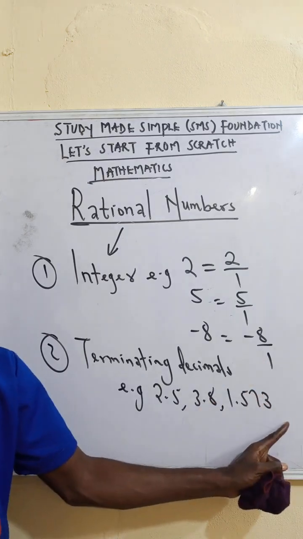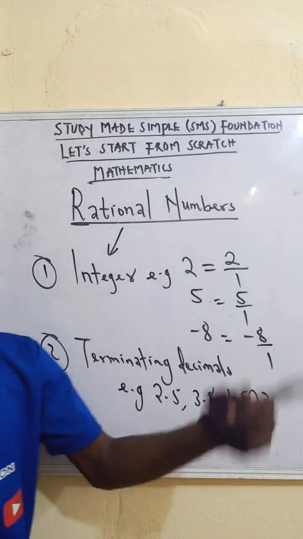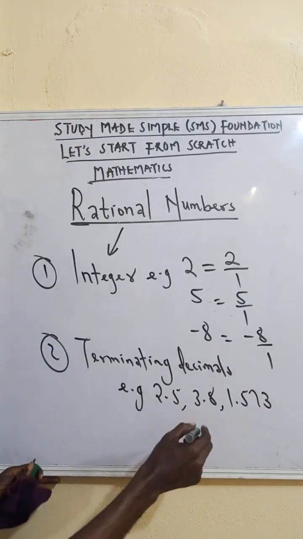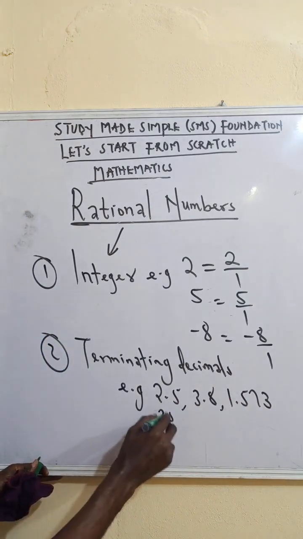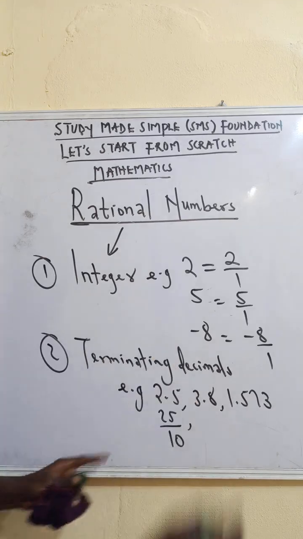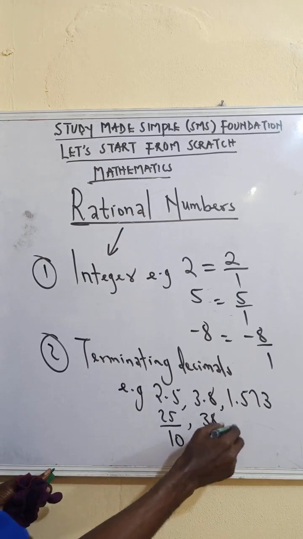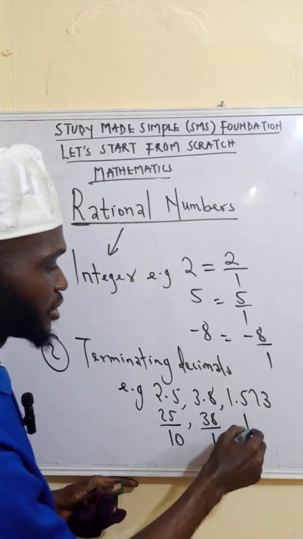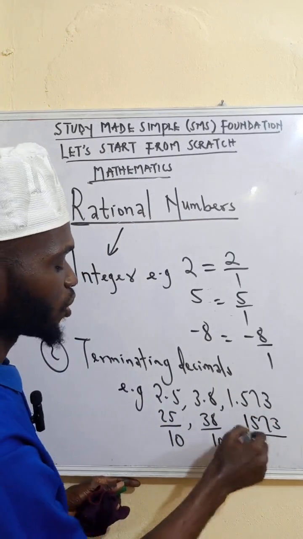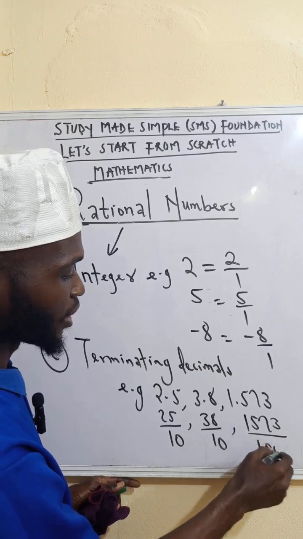So all of these numbers are rational because we can write them in fraction. 2.5 is the same thing as 25 over 10. That's then 3.8 is the same thing as 38 over 10. 1.573 is the same thing as 1573 all over 1000.